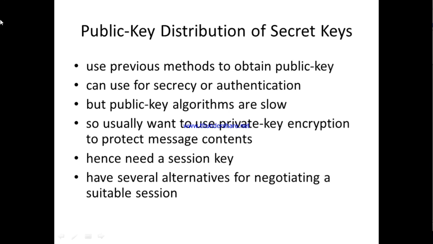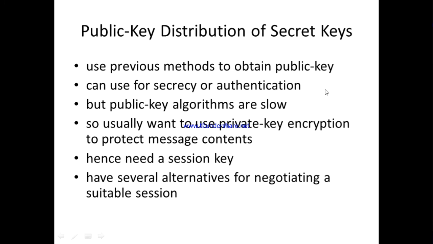Public key distribution: the public key can be used to distribute the secret key. One secret key is needed for the further encryption and decryption process, and you can use the public key for exchanging that key. Why do we go for this? We already said public key algorithms are slow, and private key encryption is fast.